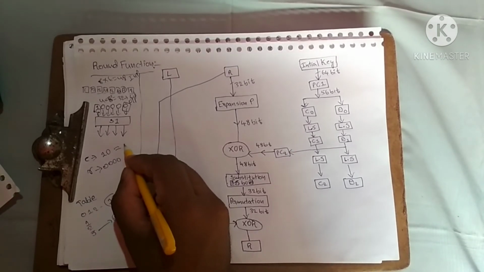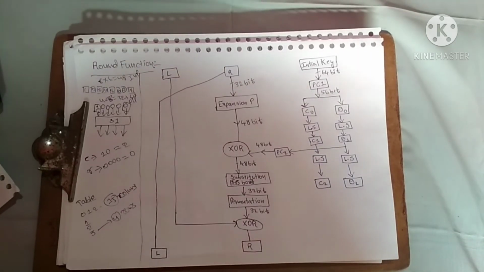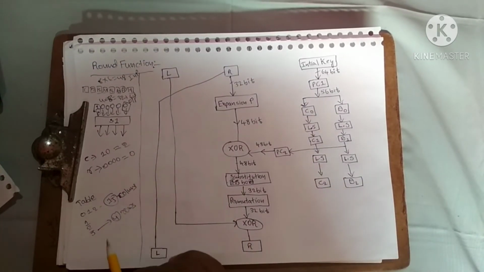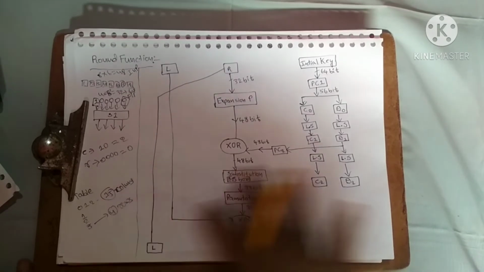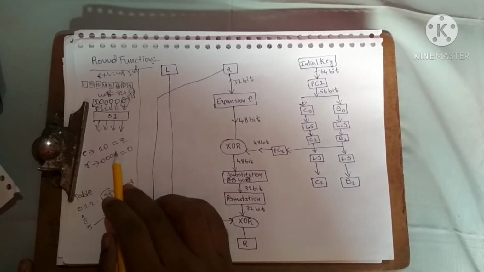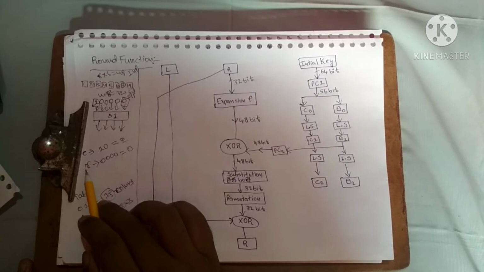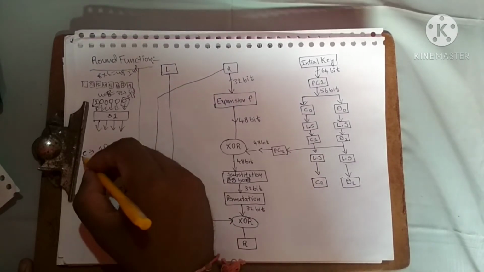This value will be 2, this value will be 0. That means we have to choose the second row and 0th column.